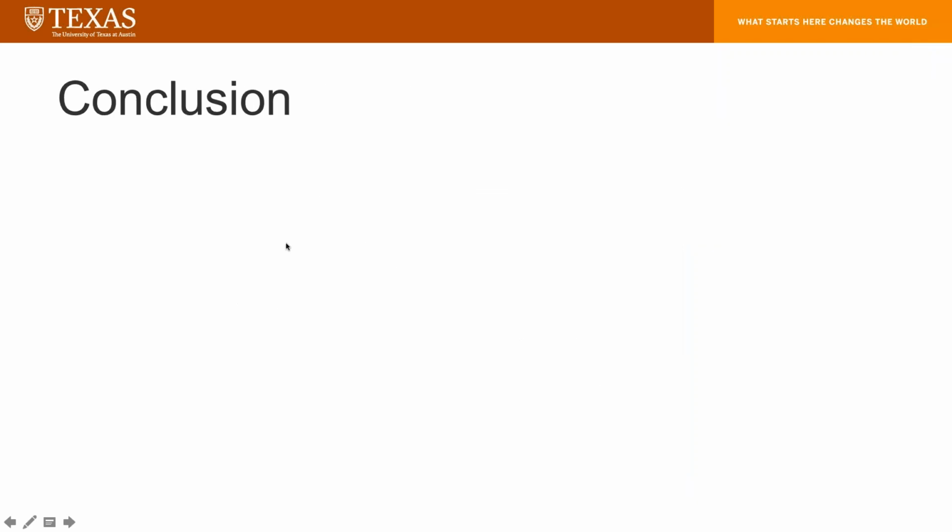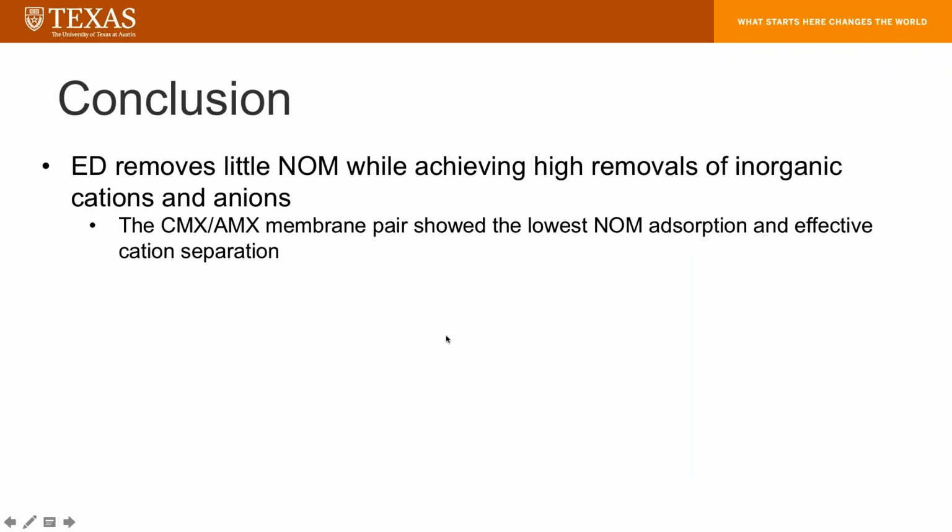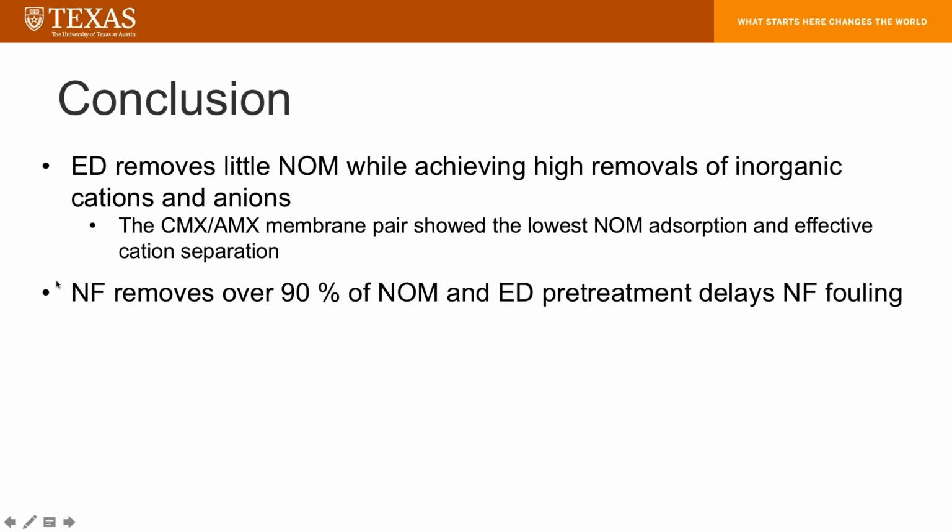Here is the conclusion. The ED removes a little NOM while achieving high removal of inorganic cations and anions, and the CMX-AMX membrane pair shows the lowest NOM adsorption and effective cation separation. And NF removes over 90% of NOM, and ED pretreatment delays the NF fouling.